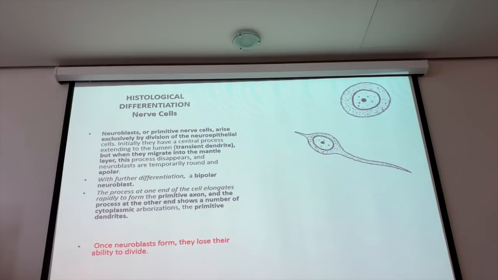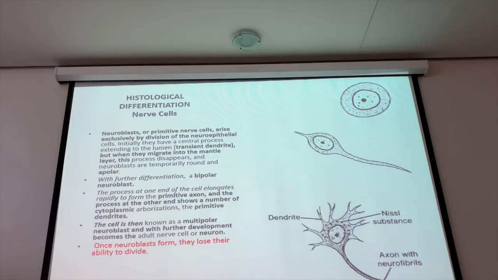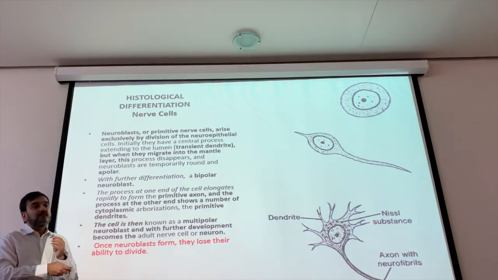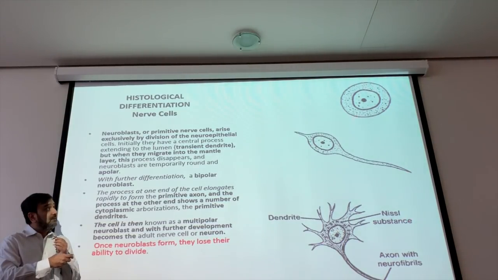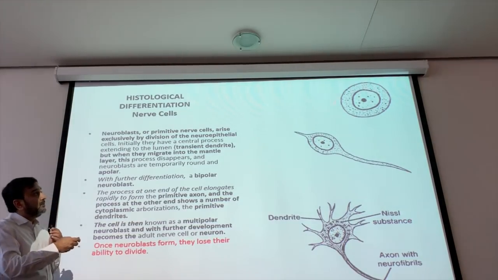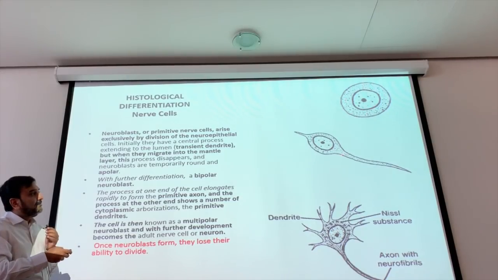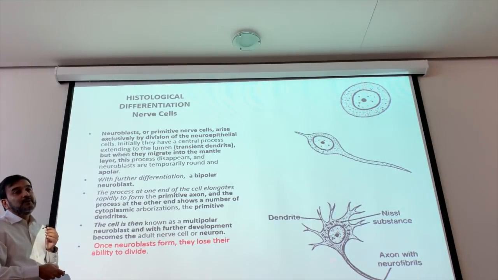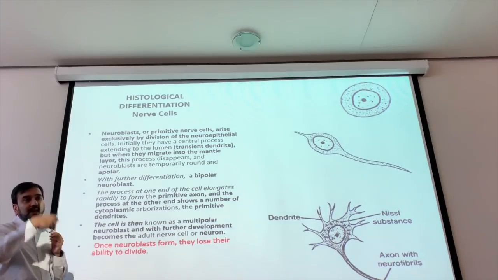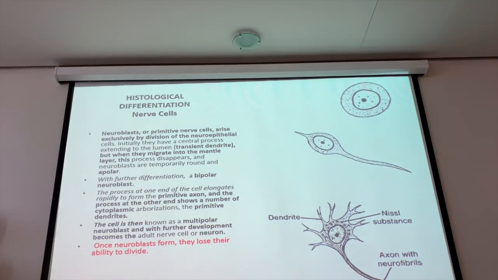So it has become a bipolar neuron. And then it is going to develop the dendrites and the axon, and this is the shape of the mature neuron. So from neuroepithelial cells, you would have a neuroblast, bipolar, and then a multipolar neuron. So this is how they are going to differentiate into different types of cells.